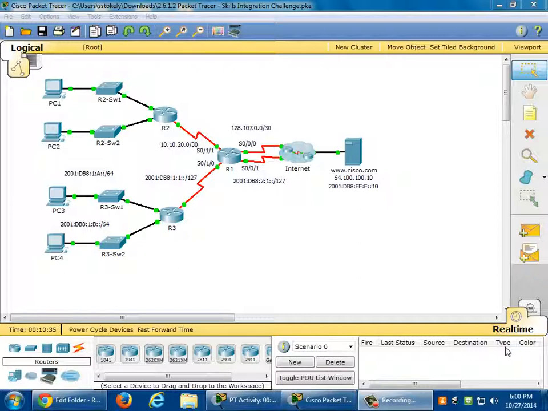Serial 0/0/0, right? Because that's what it called for. This one, going out 0/0/1. I put it on the R2 and the R3. You could do it with the next hop if you wanted to.